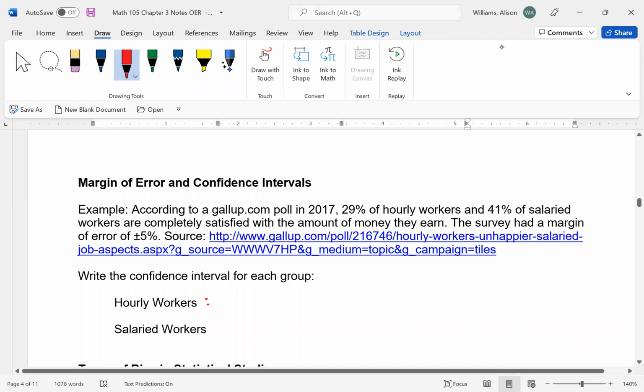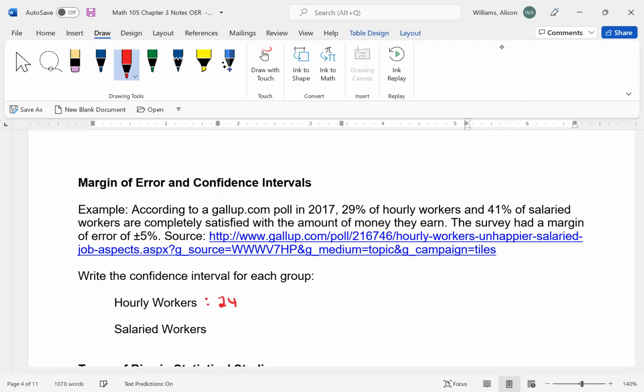that really means that it's a range of 24, so 5% below 29%, so 24%, and then 5% above 29% to 34% are actually satisfied. So it's that big of a range of people. So could it be anywhere from 24 to 34% of hourly workers are actually in fact satisfied with their job.